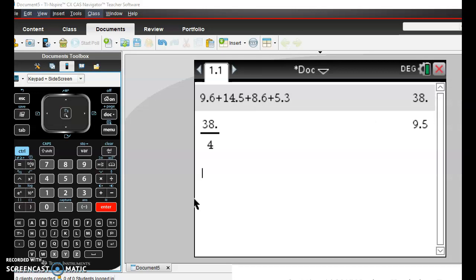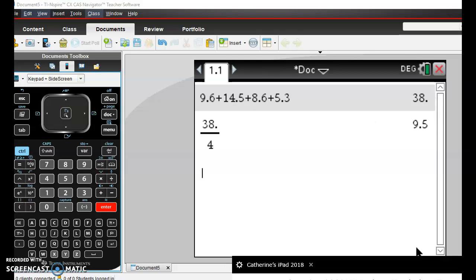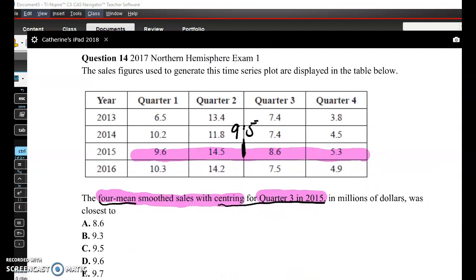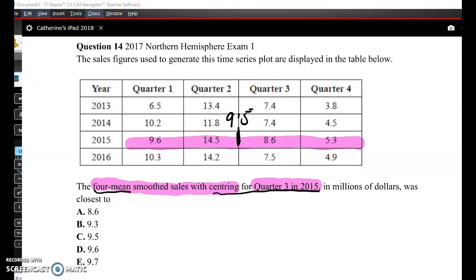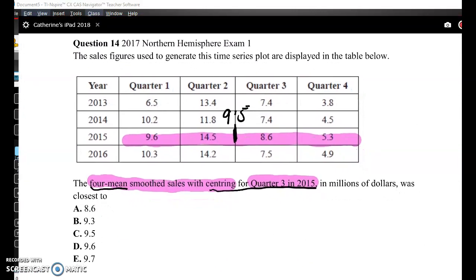Okay. So then I want to get the next lot of 4, which I want centered around here. To do that, I need to get the data from quarter 2, quarter 3, quarter 4 in 2015 and quarter 1 in 2016.